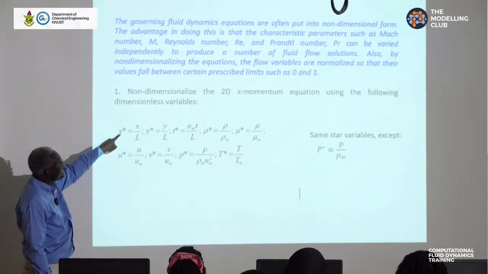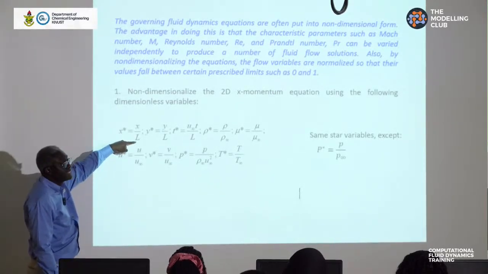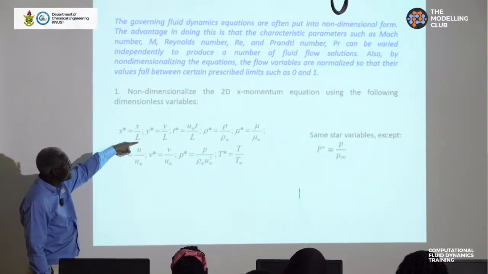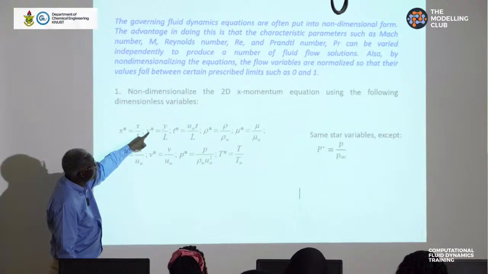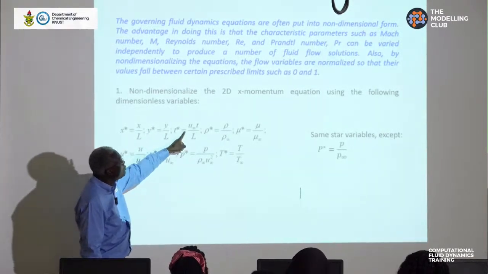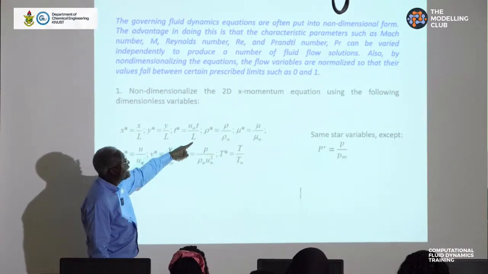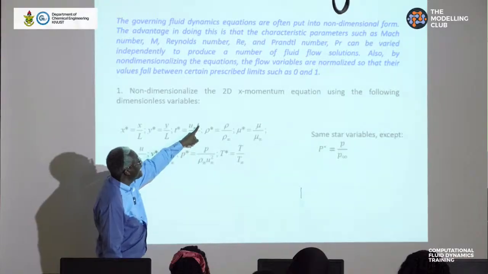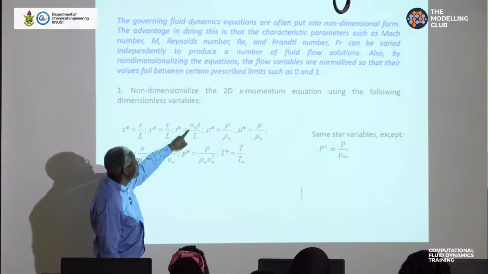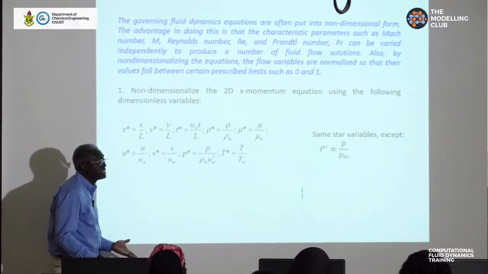For example, x star will be the actual x divided by, say, the length of the pipe, or a characteristic length. Again, y star will be y divided by a characteristic length. Time will be expressed as velocity times time divided by L. We know that time over velocity is inverse of velocity, and so times u, that means that this t star becomes dimensionless.